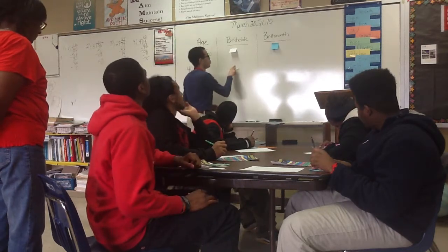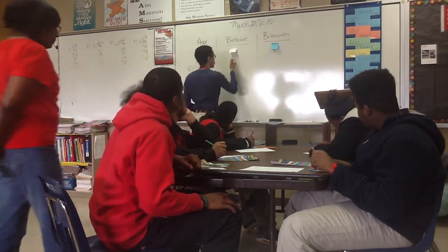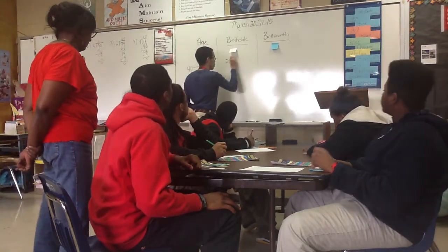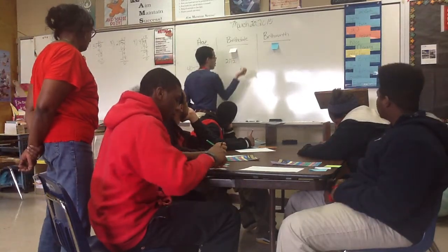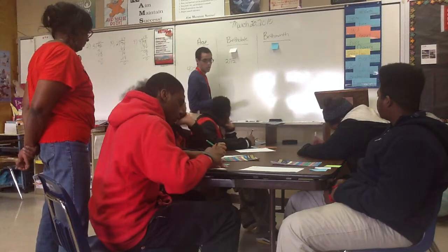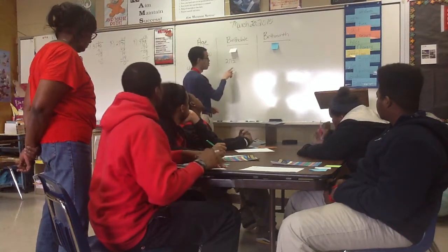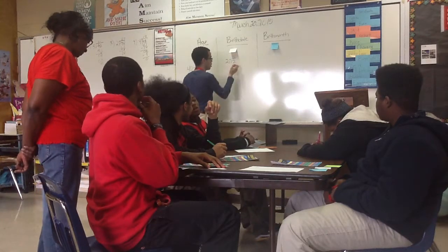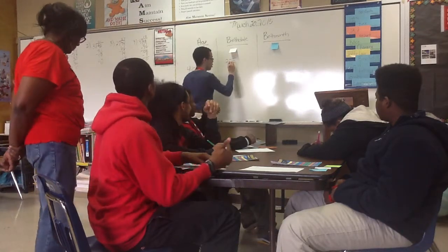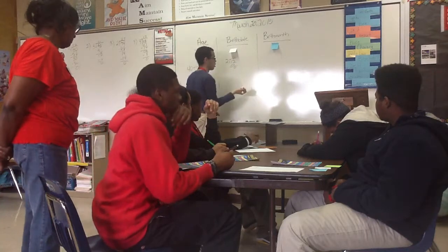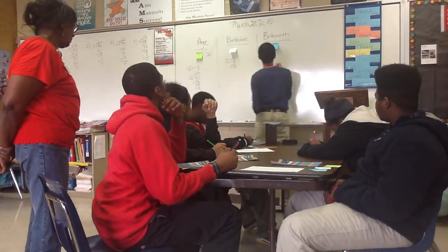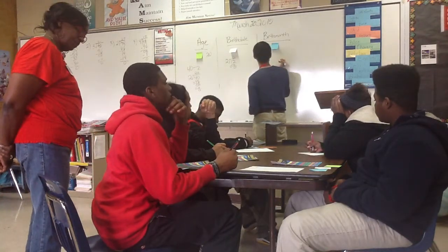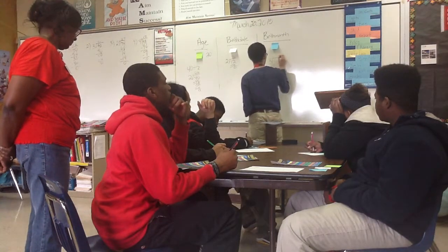And then, my birthday is the 6th. It's June 6th. So, I did 12 divided by 2. And then my birth month is June, the 6th month.